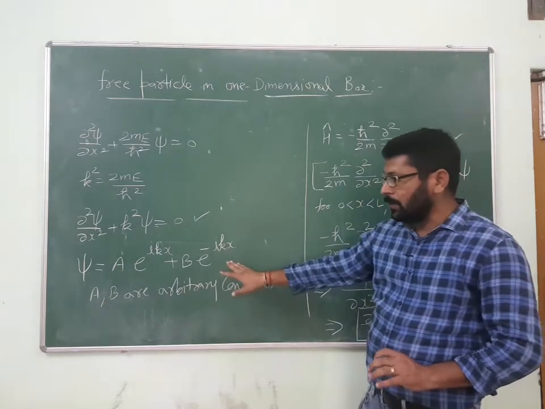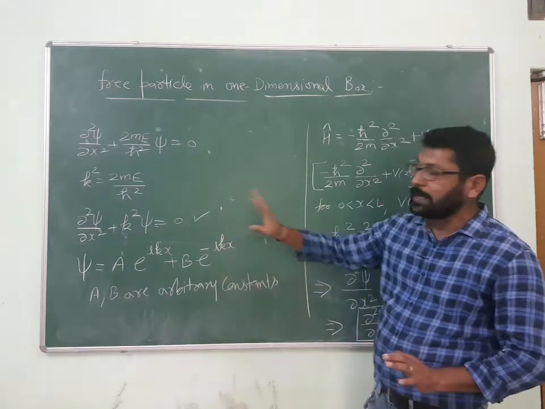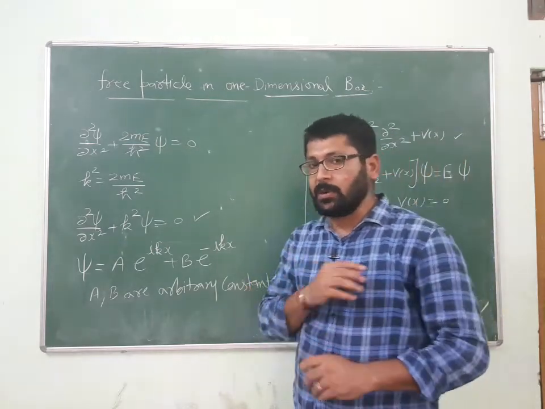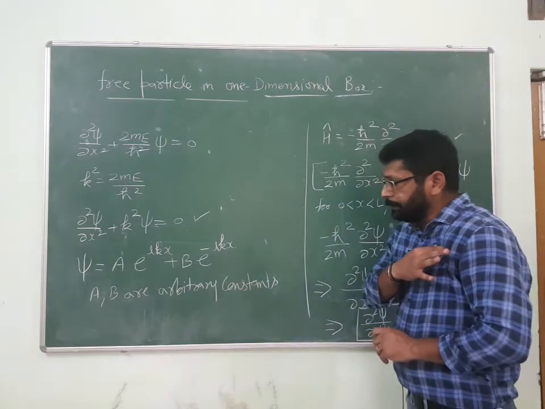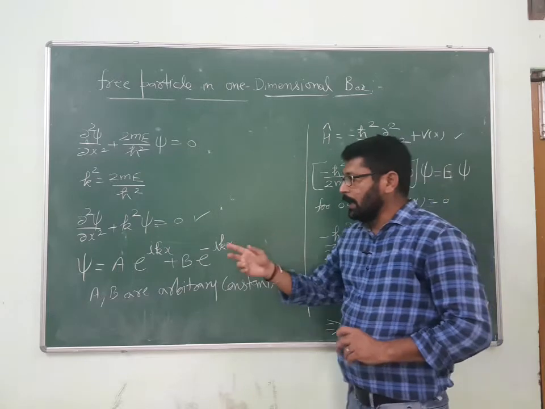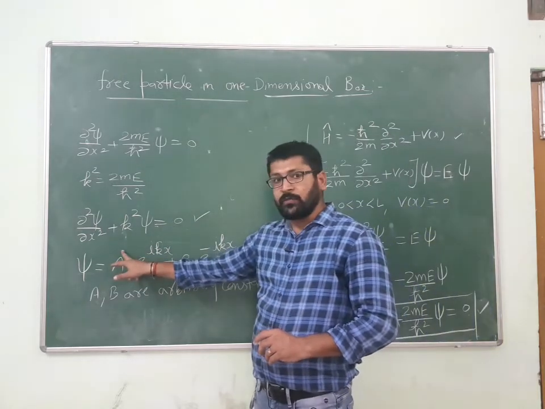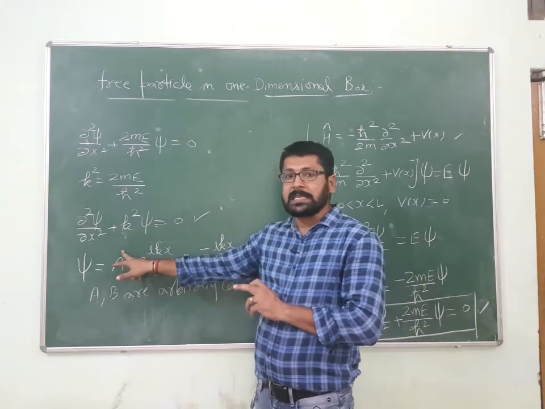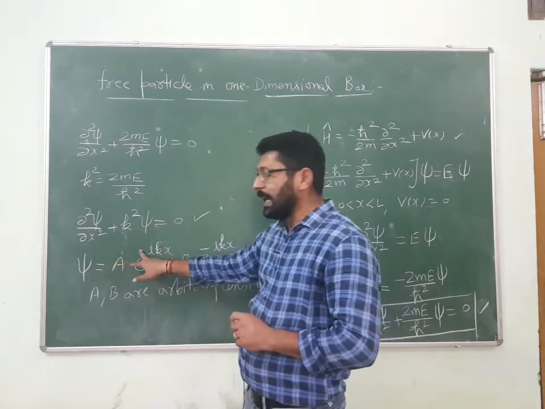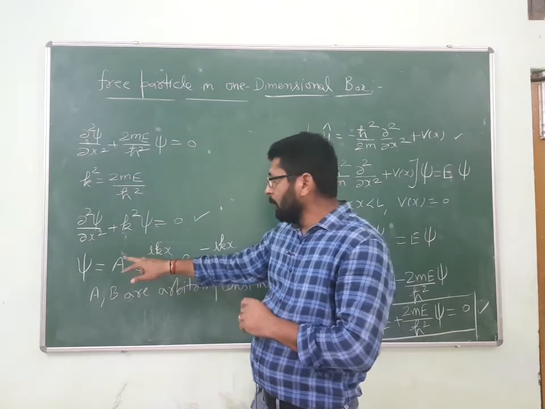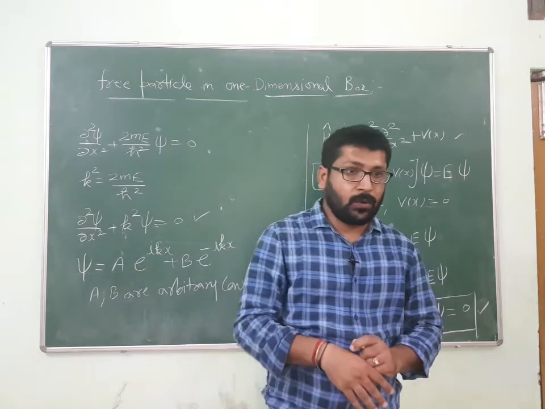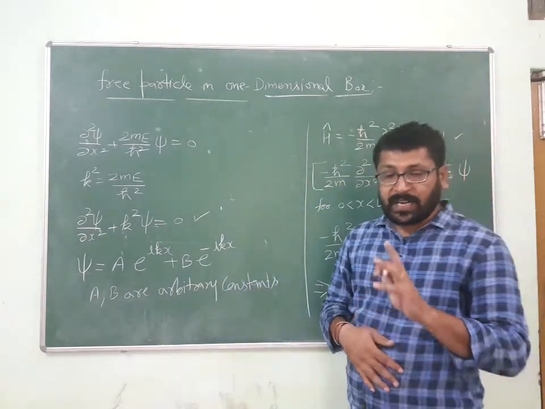So this is our required wave function within the region x equal to 0 to x equal to L. But we have two boundaries. In our potential function we have seen how it was behaving. It was abruptly changing to infinity at x equal to 0 and x equal to L. So for any function to be a wave function, there are certain conditions.